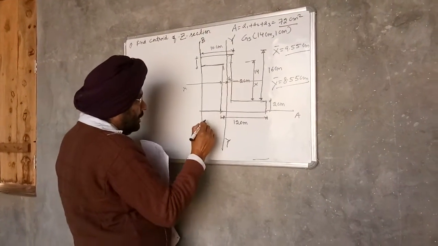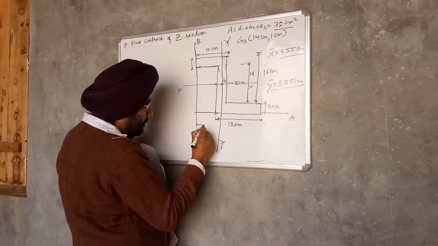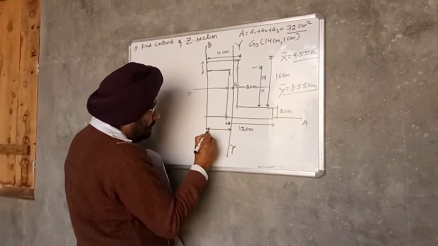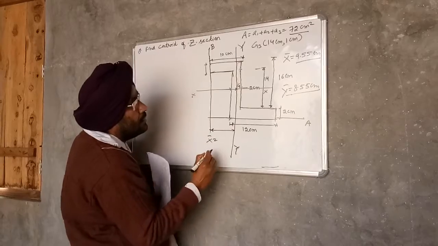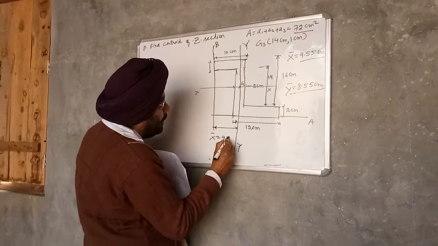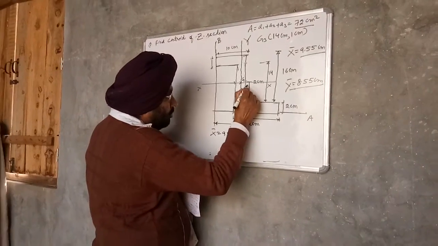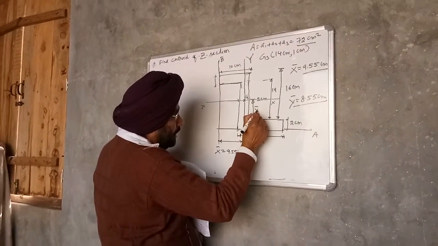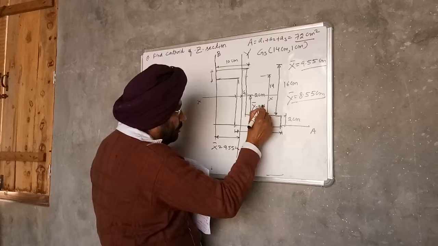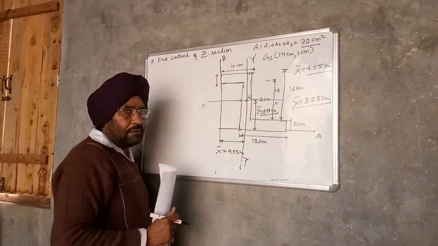So this value is x bar 9.55 centimeter, and this value is y bar 8.55 centimeter. Thank you.